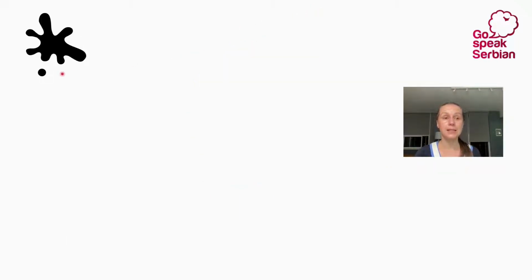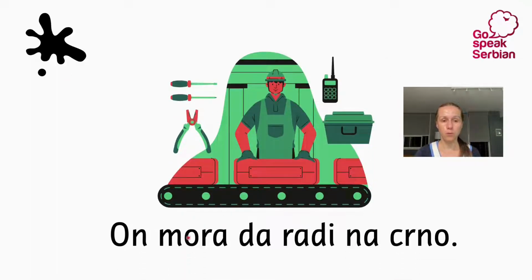Primer sa crnom bojom. On mora da radi na crno. Let me give you first the literal translation of this sentence. He has to work on black. That's literally. But what we mean by this when we say raditi na crno, it means to work without having any of the taxes paid to the government.